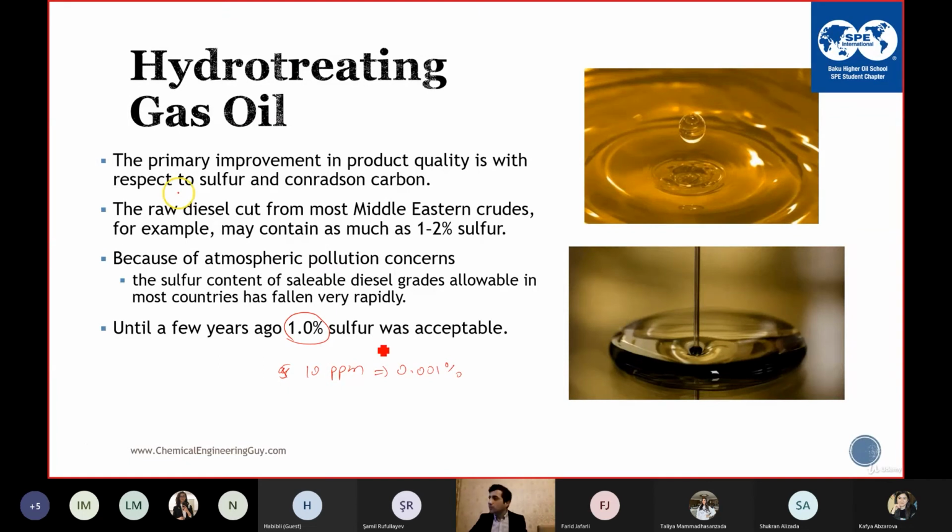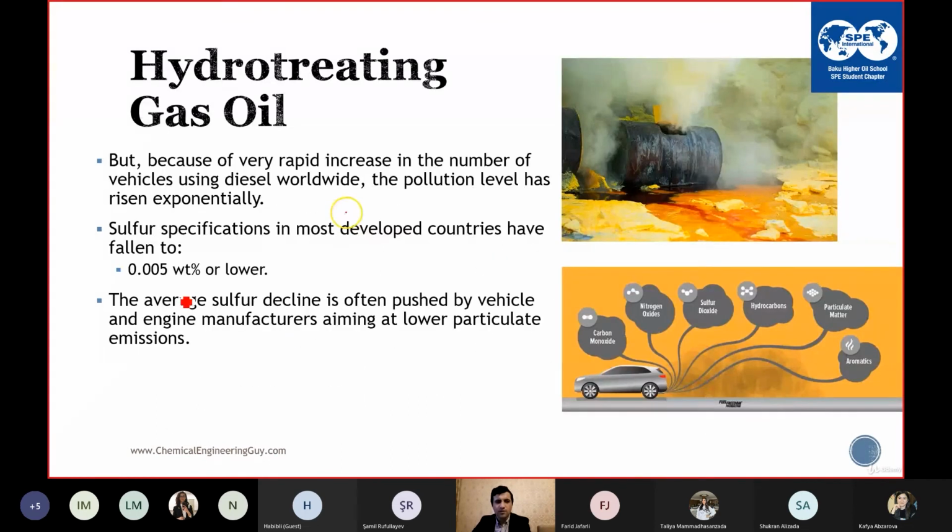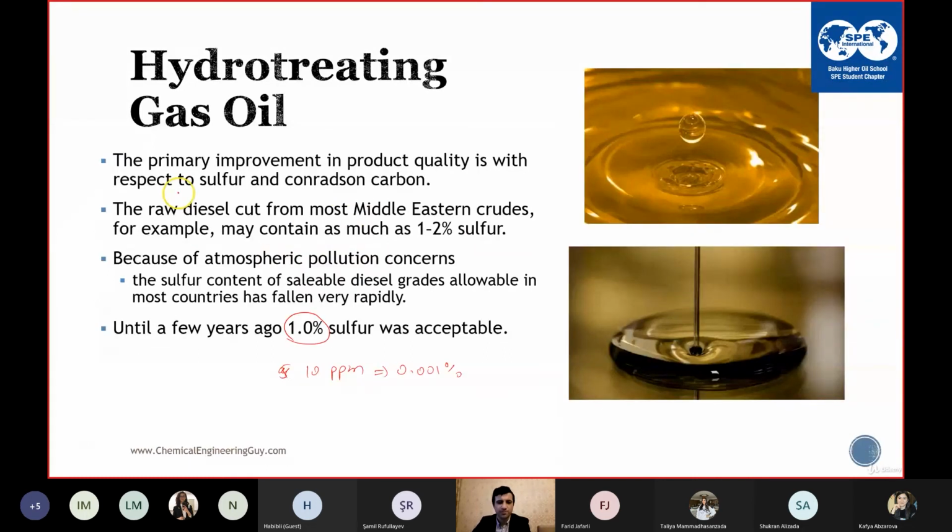Because of global warming and environmental pollution, there are always more restrictions coming on fuel impurities such as sulfur and nitrogen. This is 0.005%, which is 50 ppm, the standard for Euro 4. But for Euro 5, it is 10 ppm.